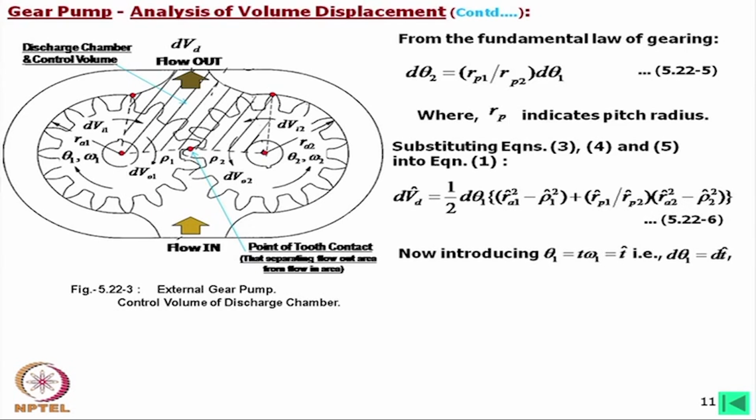Now, introducing theta 1 is equal to t_w1 into omega 1, and that theta 1 is non-dimensional. So, we can consider that this itself is dimensionless time, the angle itself is the dimensionless time. This is a tricky thing, but one can consider it in this way, because d theta 1 will give you dt 1, the rate of change of time if any.